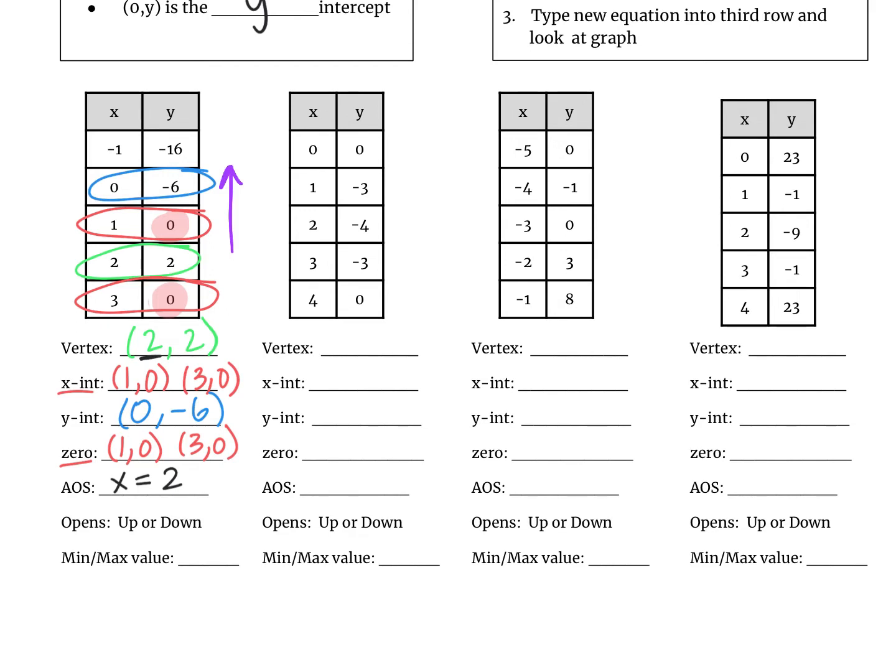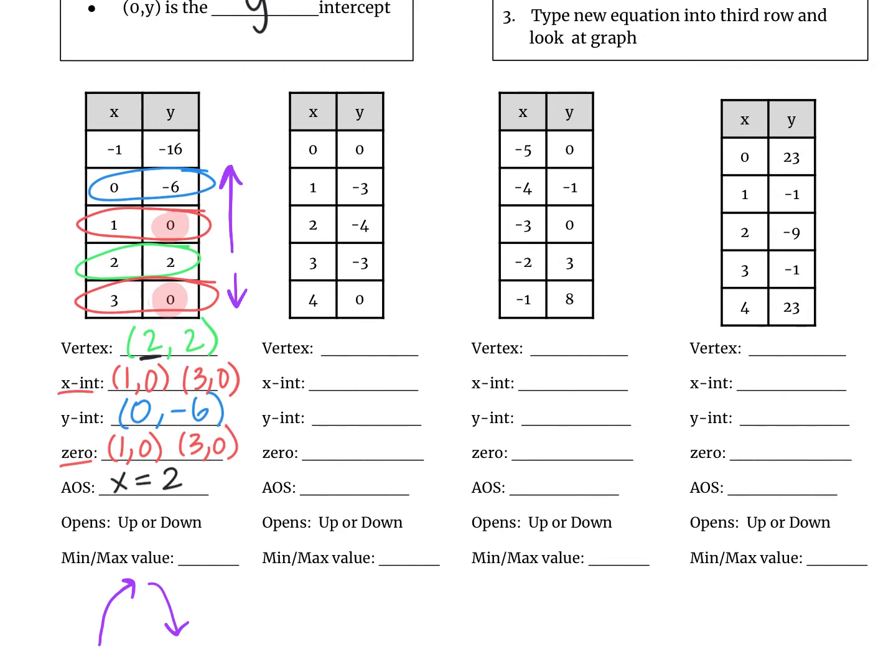And then as we go from the vertex and on, we go from 2 to 0, and we are descending. So if you were to sketch the parabola, the first half is ascending, and the second half is descending.